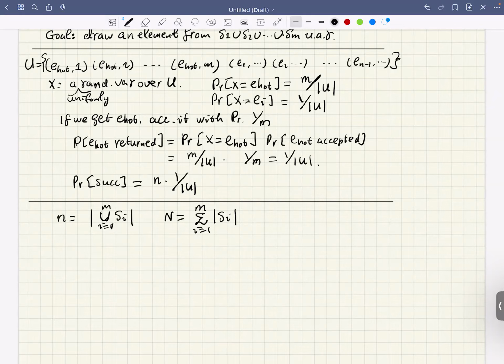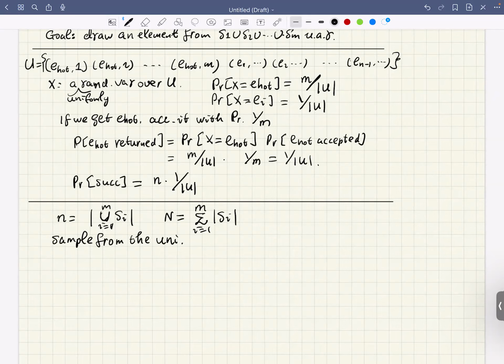Okay, good. Now, what would be the baseline sampling algorithm generalizing this idea? We sample from the universe. Now we have to worry about what is the probability that a particular element gets sampled at this step.